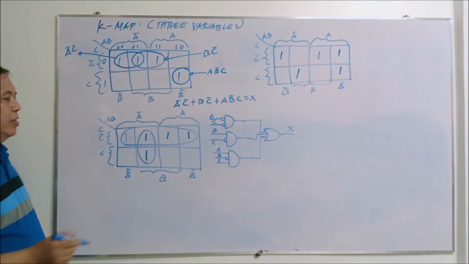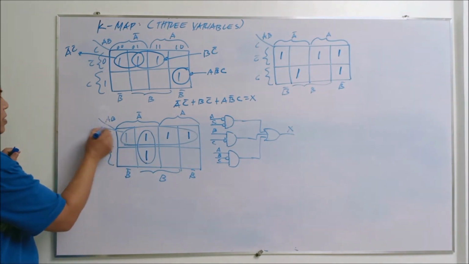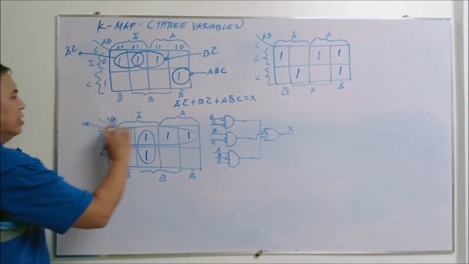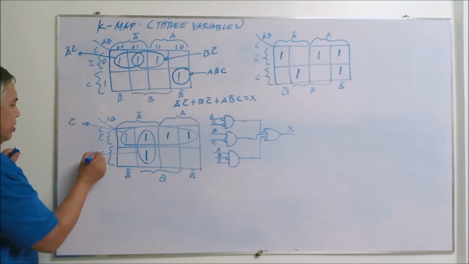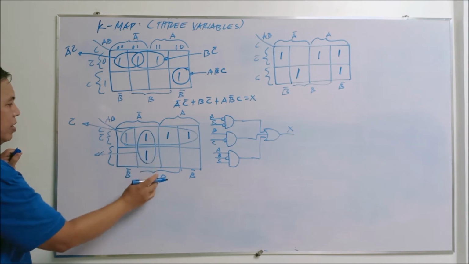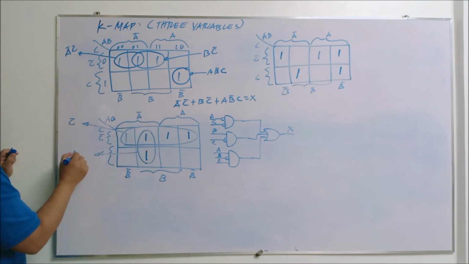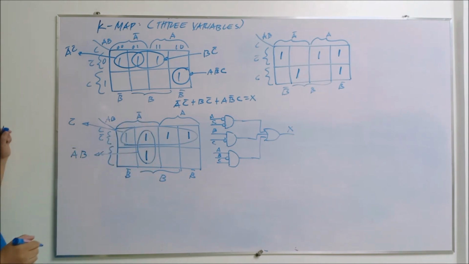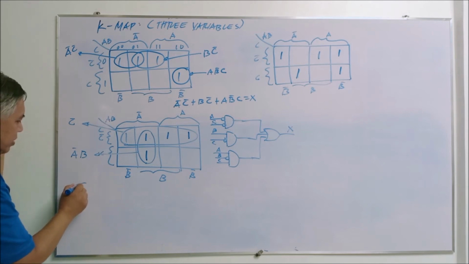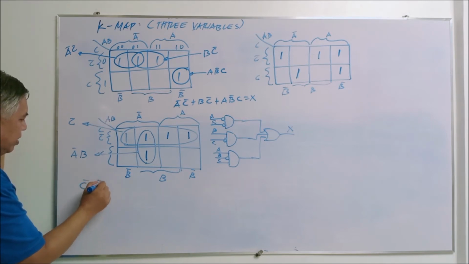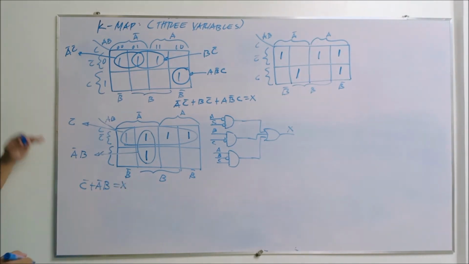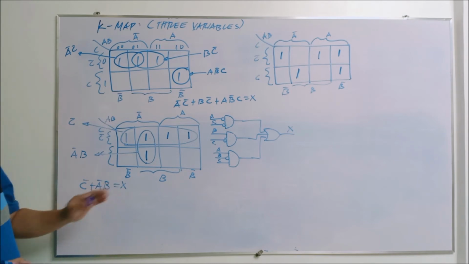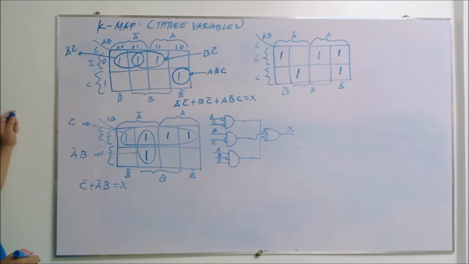So this one here belongs to C bar, whereas this one here belongs to A bar B. So the final equation will be C bar plus A bar B is equal to X. We can interchange: A bar B plus C bar is equal to X. It's the same equation.